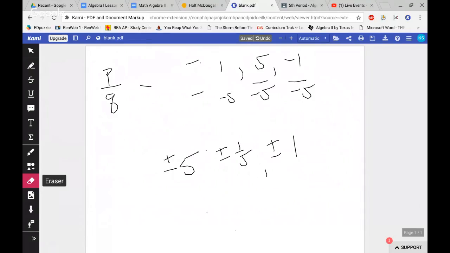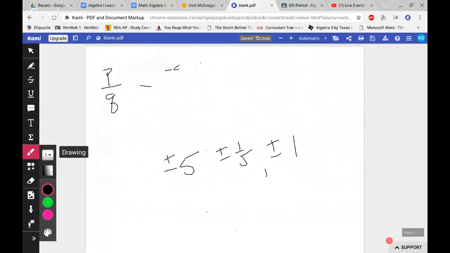No, I wrote that poorly. I'm just going to redo that. The factors for P are ±5 or ±1, and the factors for Q are ±5 and ±1.